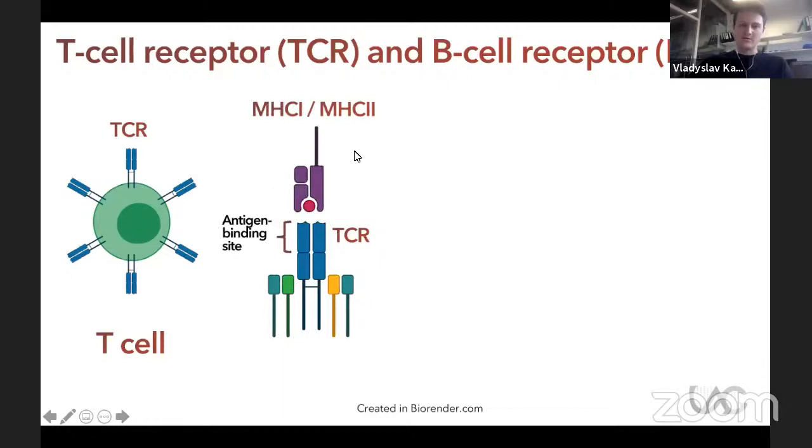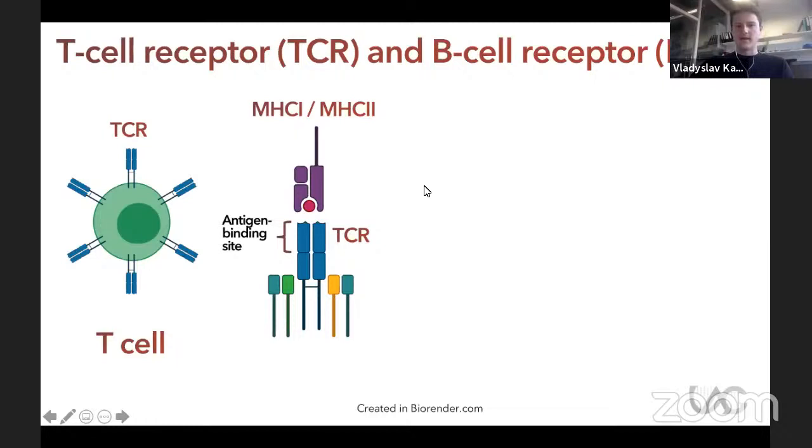That's why the second part of the binding is the so-called major histocompatibility complex, MHC1 or MHC2. This is the molecule on the surface of the other cell that will present the antigen to the T cell receptor. So the take-home message from this part is that a T cell has a TCR, and the TCR helps this T cell to recognize the antigen. It's basic immunology that you should remember during the talk today.